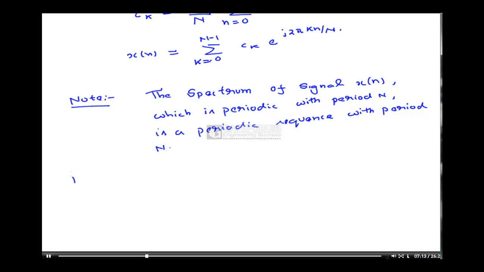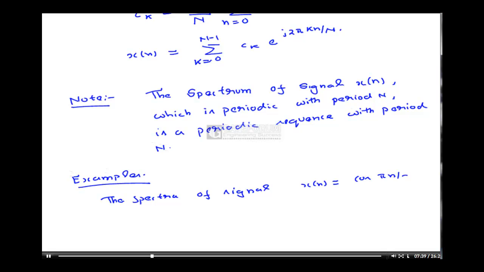Let's see some examples. The spectra of signal xn equal to cos pi n by 3. Now look at this.